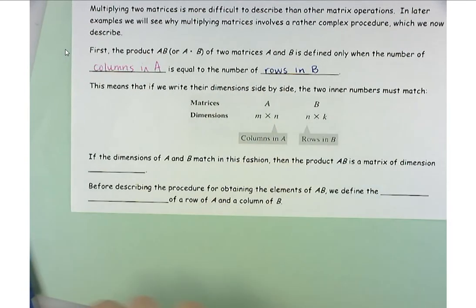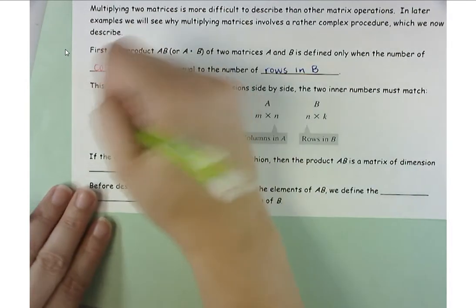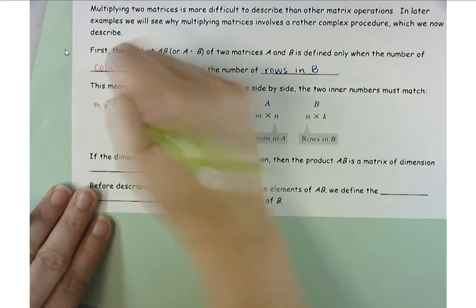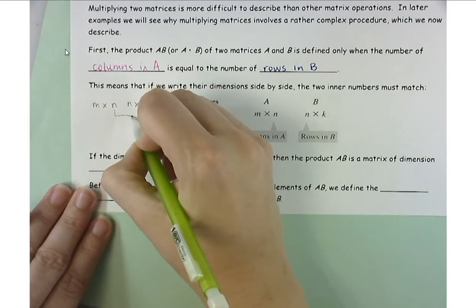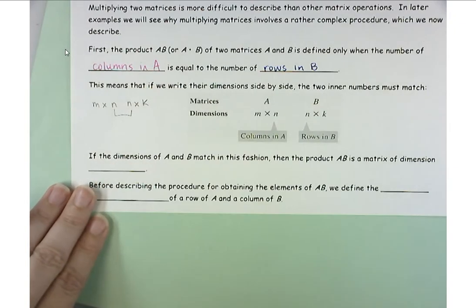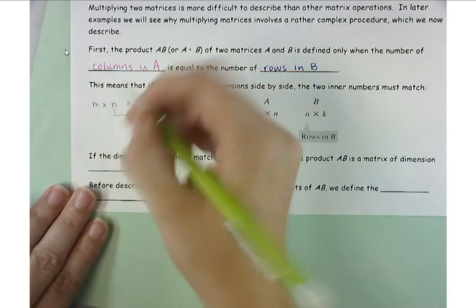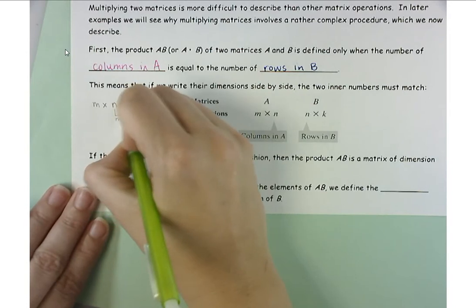In fact, the way that I usually write it out is I'll say the first matrix is M by N, the second one is N by K, and then I'll just match these two together. So if they match, I'll put a little check mark. Here I'm just going to put match.